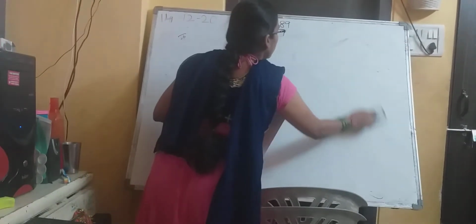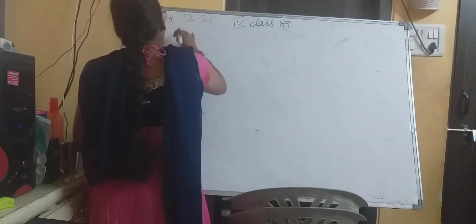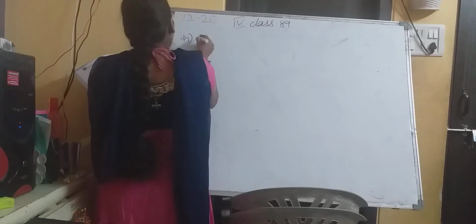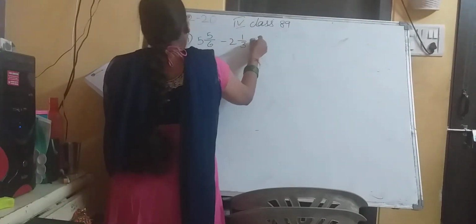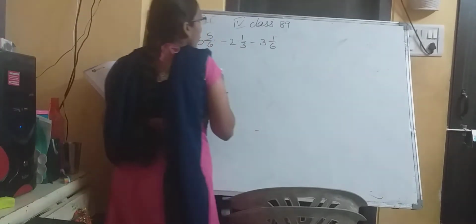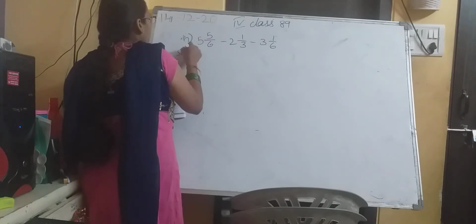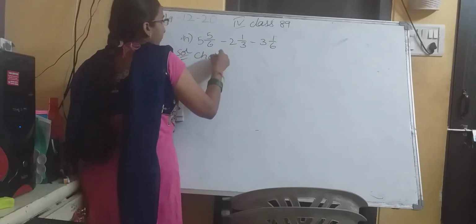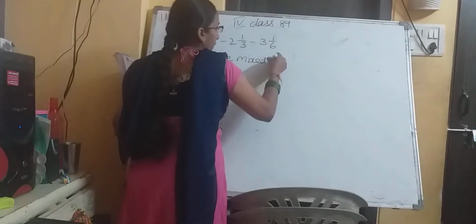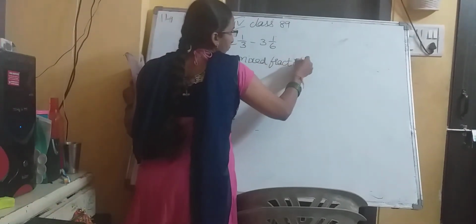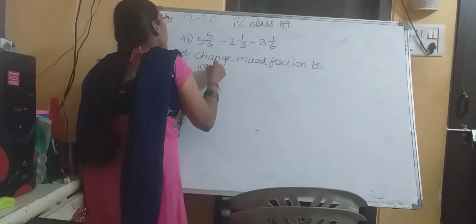What do you have? 5 5 by 6 minus 2 1 by 3 minus 3 1 by 6. Okay children, now first change mixed fraction to improper fraction.